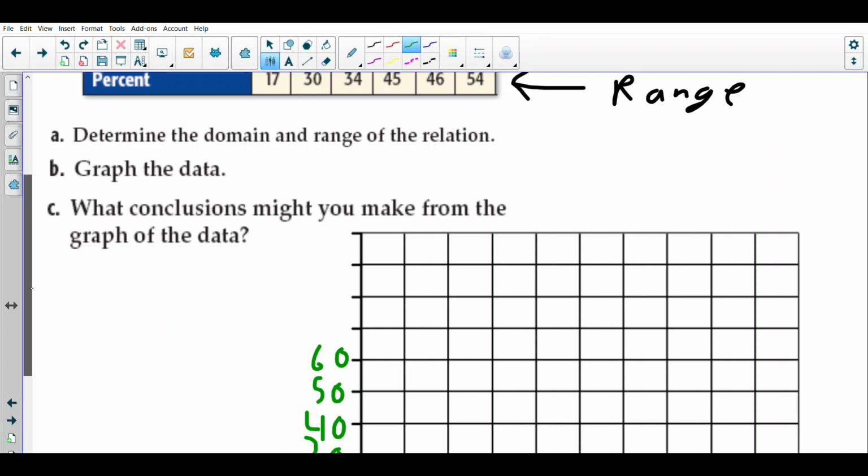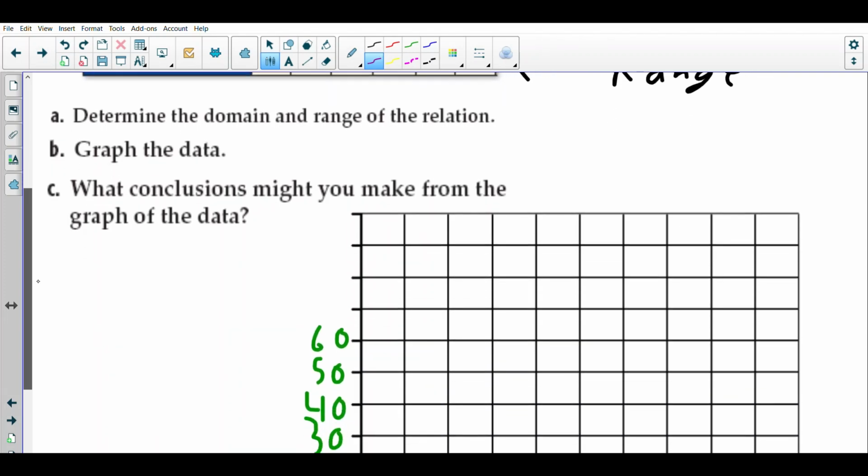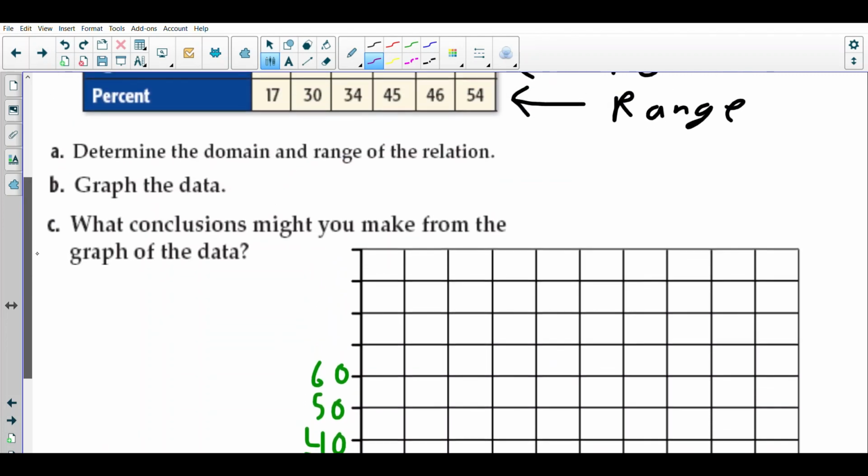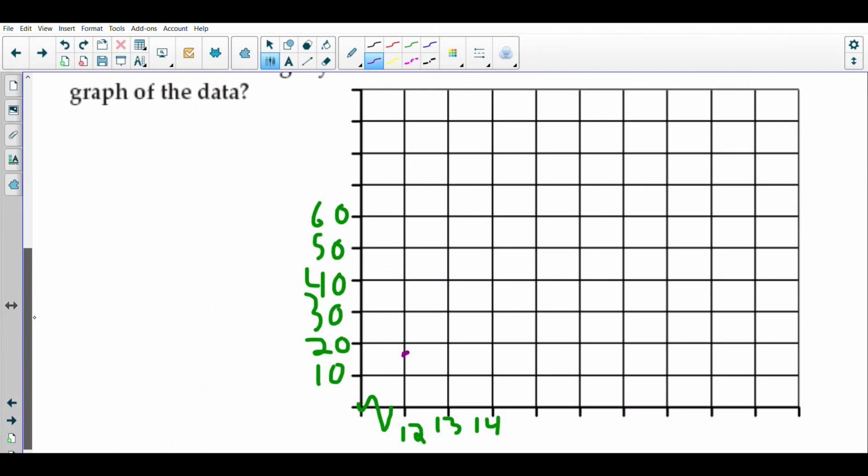So 12, 17. Notice I'm just going to go back up and down to see what my numbers are. So I start with 12, 17. So I go to 12, and I'm going to go to right about 17. I'm approximating here. And then I got 13, 30.